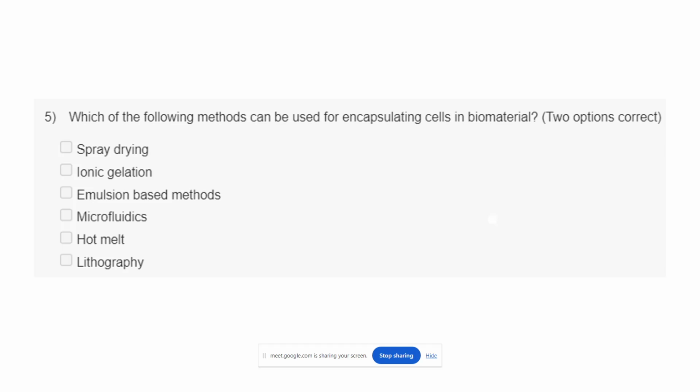Ionic gelation and microfluidics. Okay, what about others? Which of these methods do you think can be used for encapsulating cells?